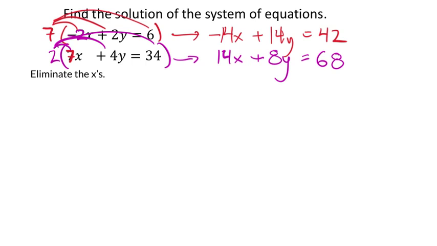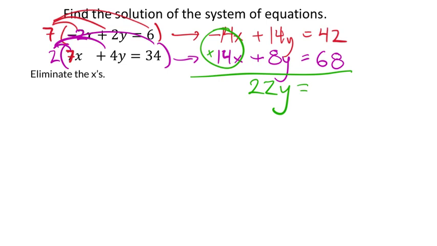Okay, so the way I have this set up, my x's now should zero out, or eliminate. So that'd be negative 14x plus 14x. Again, that zeroes out as planned. For my y's, I've got 14y plus 8y, which should be 22y. And then this will equal 42 plus 68, which is going to be, carry the 1, 110.